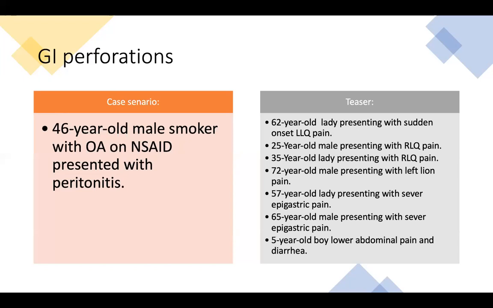Okay, you might say it's likely that this is a perforated duodenal ulcer, but it can be what? Or I need to exclude what? You need to exclude what?